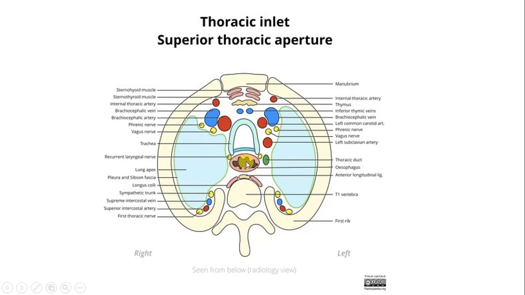You can see here, between the trachea and esophagus, on the lateral edges, a nerve which is coming from the thorax back towards the neck region, the recurrent laryngeal nerve. So here is the location of the recurrent laryngeal nerve. On the left side, this green structure is the thoracic duct.